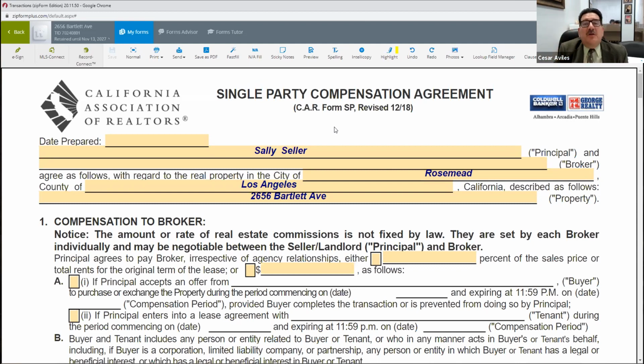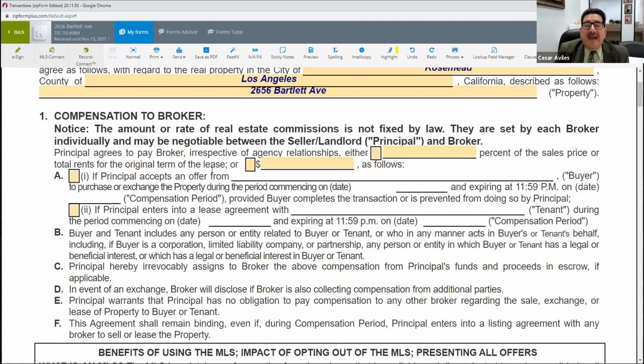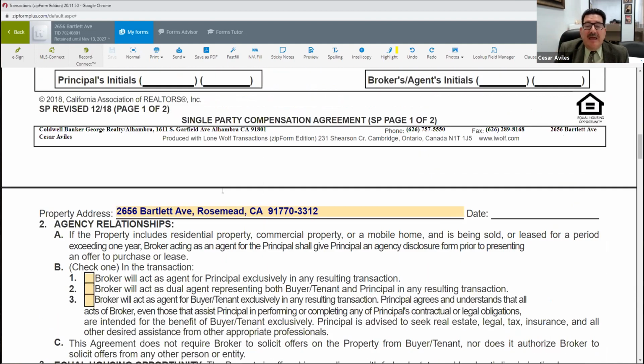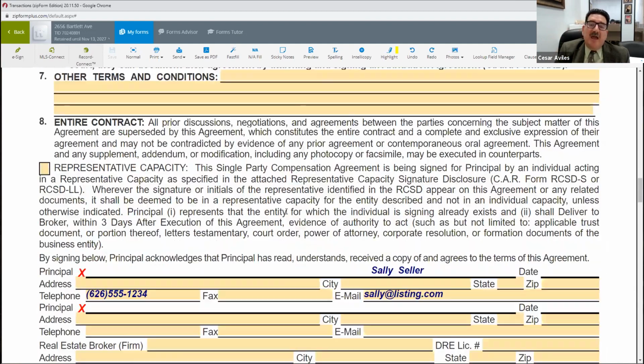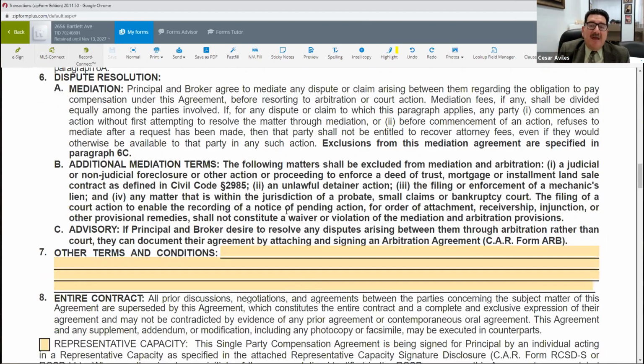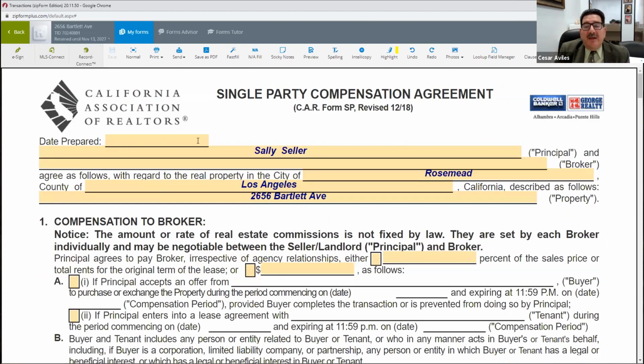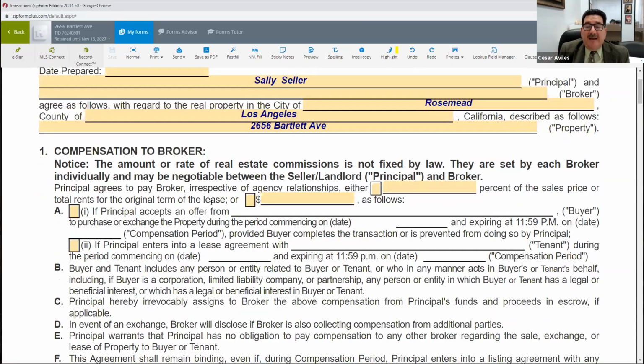So before I show the property, I'm going to sign this type of document with the seller, and I'm going to name my buyer in this transaction. So you are saying, hey, Mr. Seller, I am bringing a buyer to the transaction, and you're going to pay me X amount of dollars, right? I like to get paid 6% always.